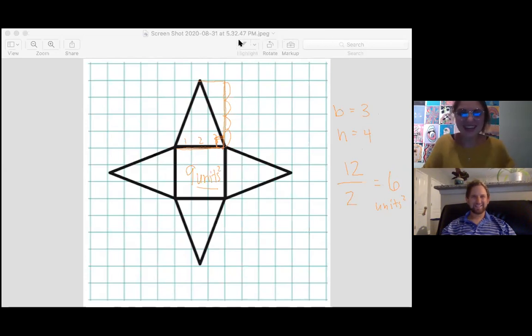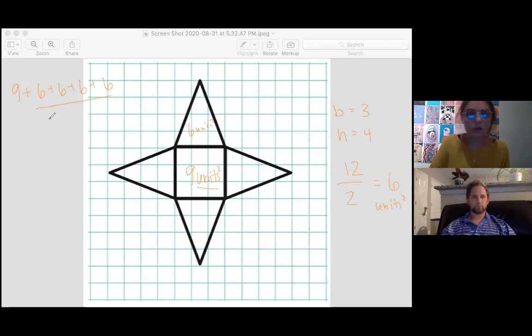Don't forget that, like I did. So, since we know that this one triangle is 6 units squared, and this square is 9 units squared, we would do 9 plus 6 plus 6 plus 6 plus 6, because there are 4 triangles.